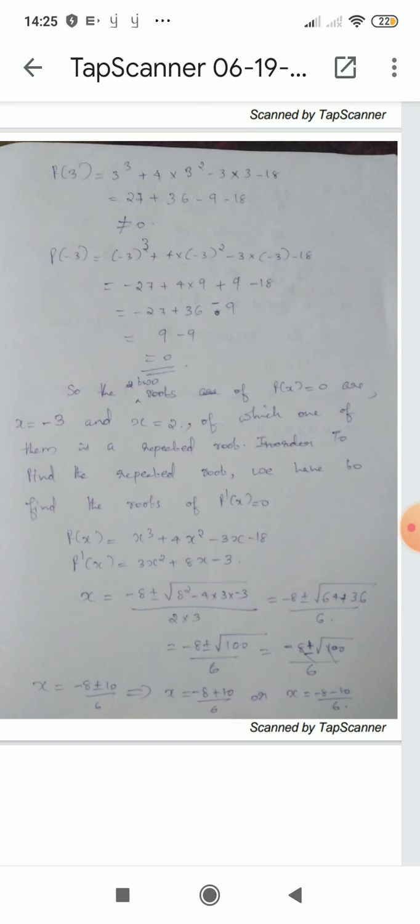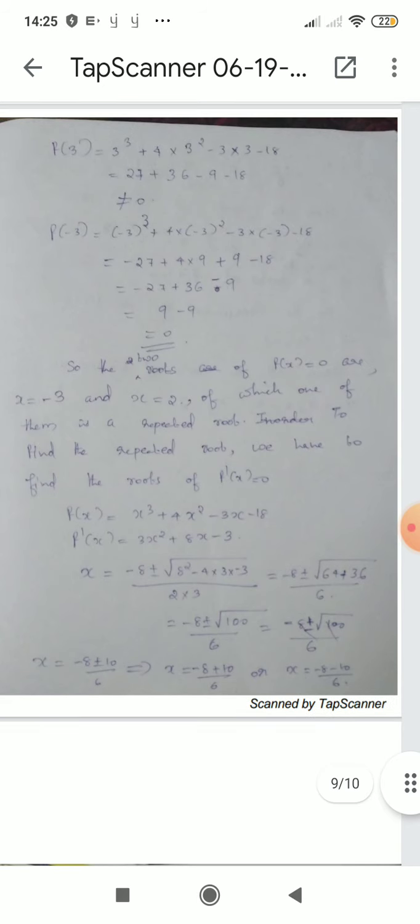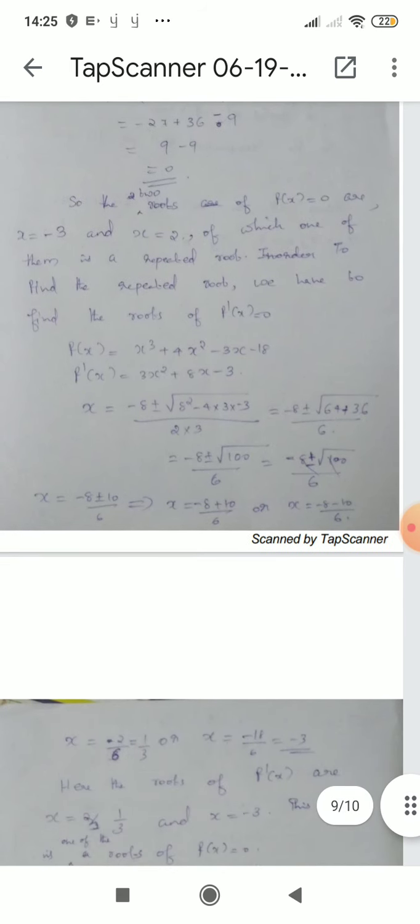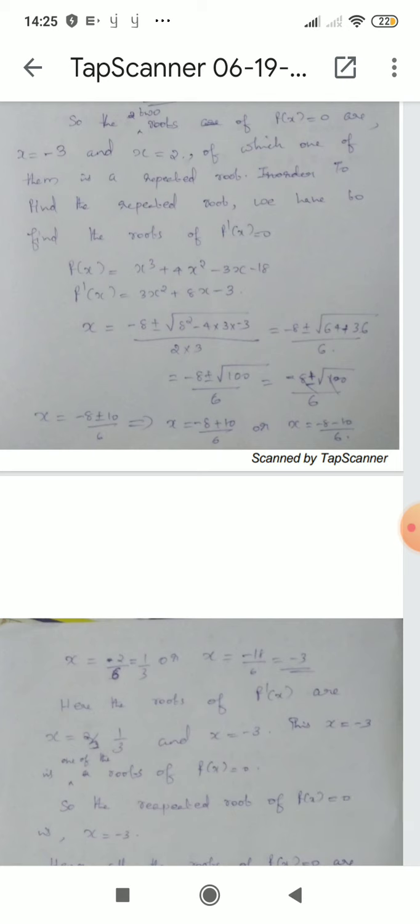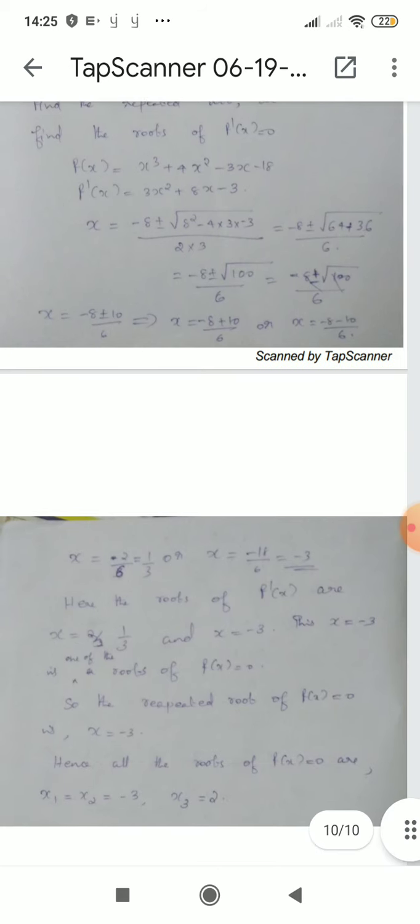And here a is equal to 3, b is equal to 8, and c is equal to minus 3. Put all the values of a, b and c in the formula. Then you can find 2 roots, and the 2 roots are x is equal to 1 by 3 and x is equal to minus 3.